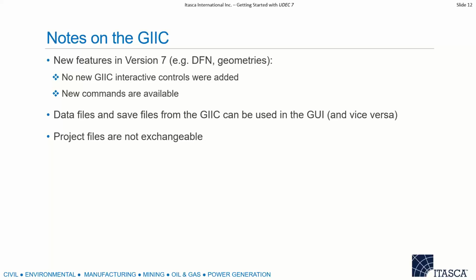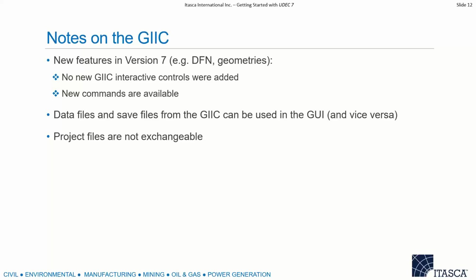Just a couple of notes before we move on to the tutorial. There are some new features in version 7, for example, discrete fracture networks, geometries that are not part of the old-fashioned GEEC. So if you want to use these new features, you have to use the newer GUI.